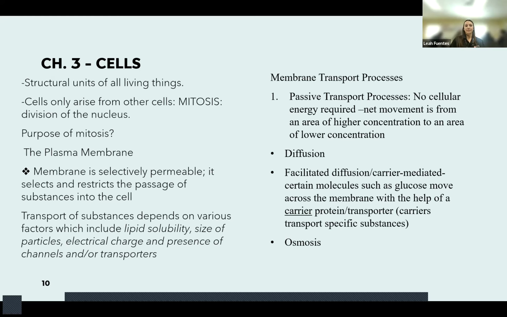So, which of these is not a factor for transport of substances? We can say the color or something like that, right? Something silly that wouldn't make sense. But definitely know these four: lipid solubility, size of particles, electrical charge, and the presence of channels are dependable factors for transport of substances.